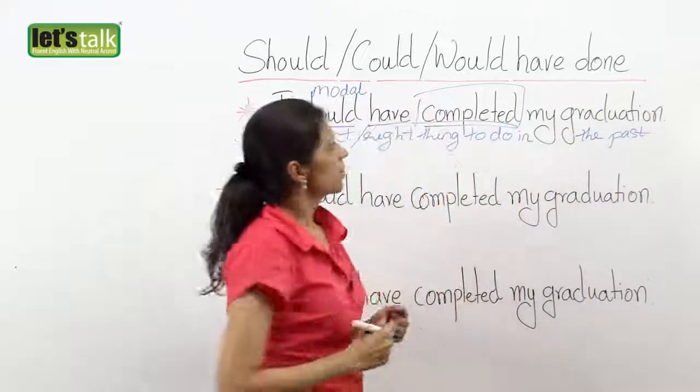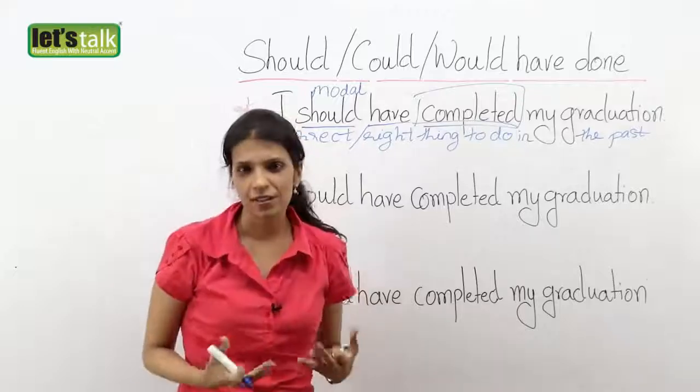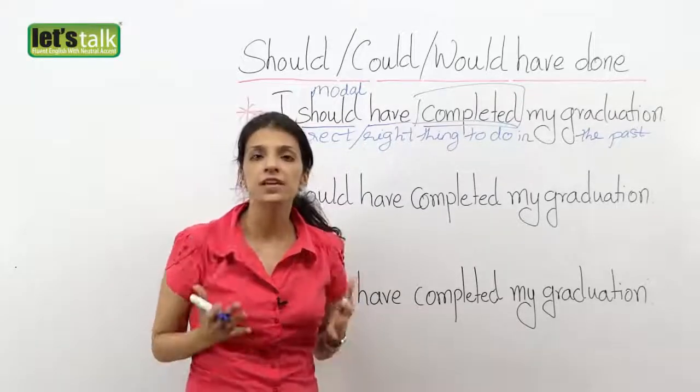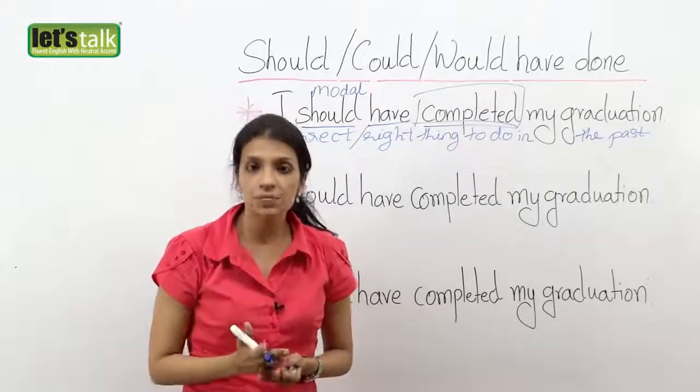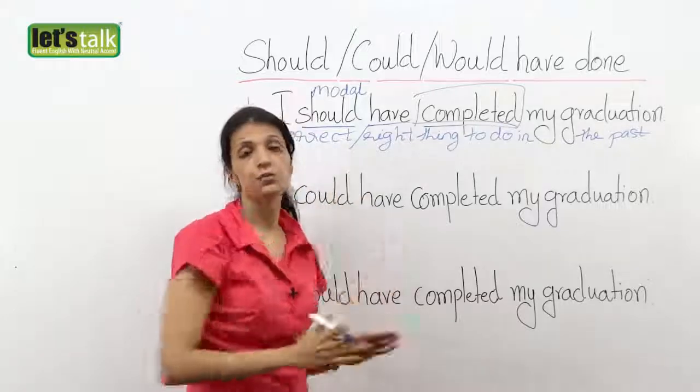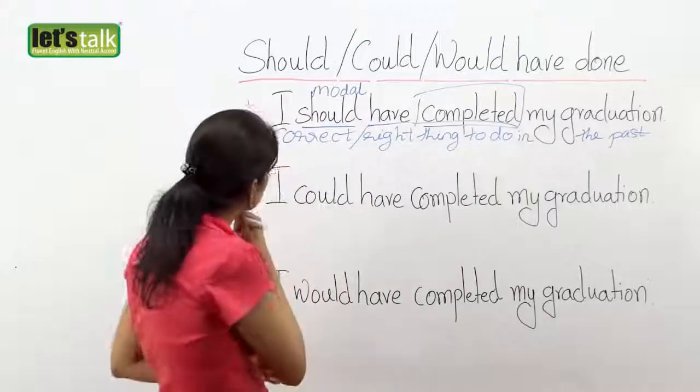So probably there is some sort of regret and you're like, I should have done it, I should have completed it. Something that you should have done in the past and you haven't done it. Now let's take another example.